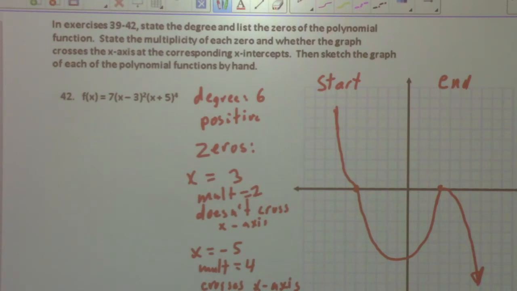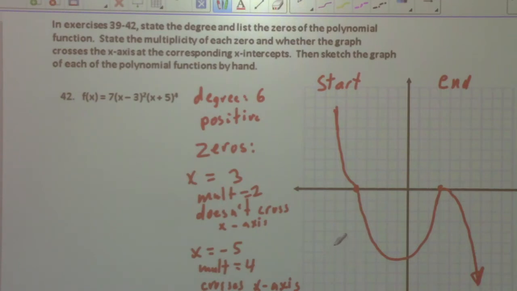No. What's wrong here? Something's wrong. It crosses at 3. One of these things is wrong. The crossing has us messed up. Crosses at 3? But then you would say this crosses, then they would both cross to have that happen.